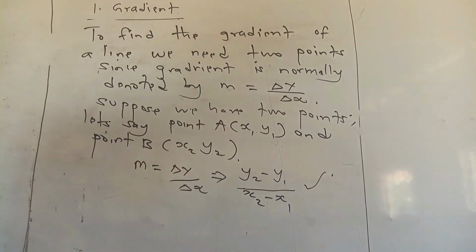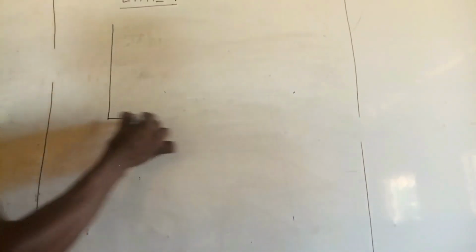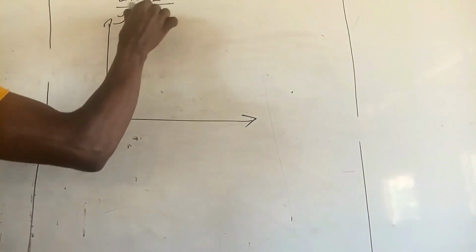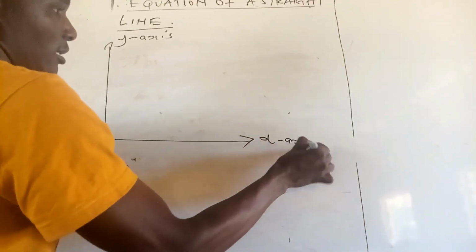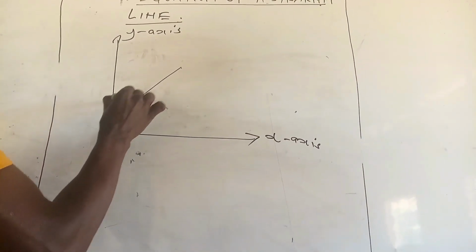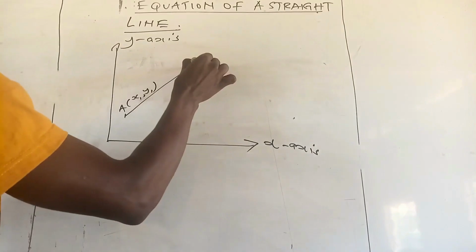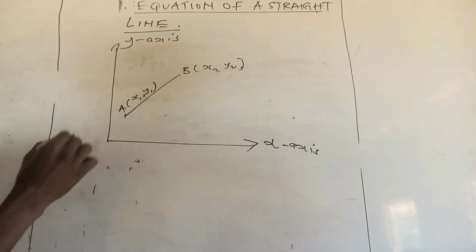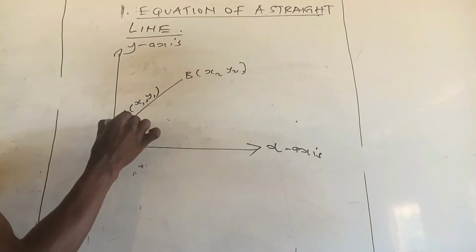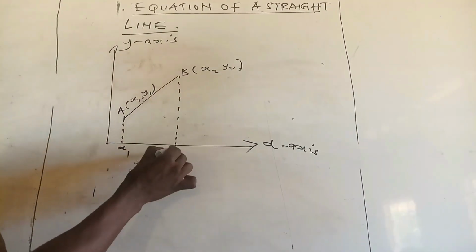So to illustrate that formula, let's take a Cartesian plane in which we have the y-axis and the x-axis, and within this Cartesian plane we have a straight line with points A and B, such that point A is x1, y1, and point B is x2, y2. The value of x at point A is x1, and the value of x at point B is x2.